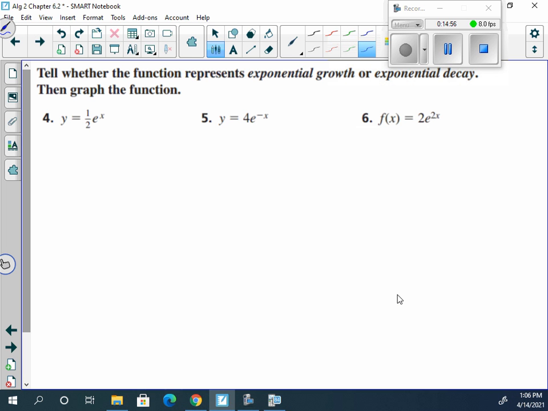So looking at these here from left to right, number 4, would we consider it growth or decay? It would be growth. How about number 5? And number 6.